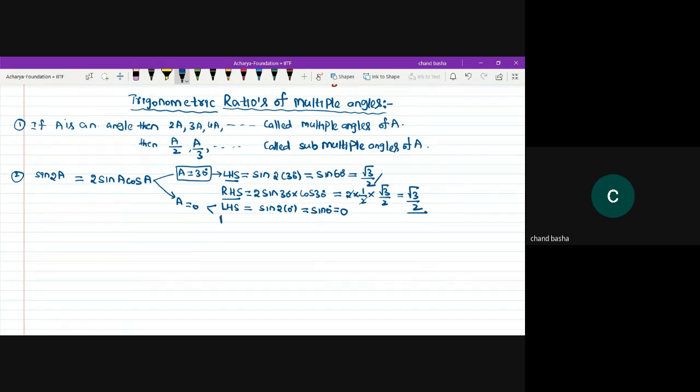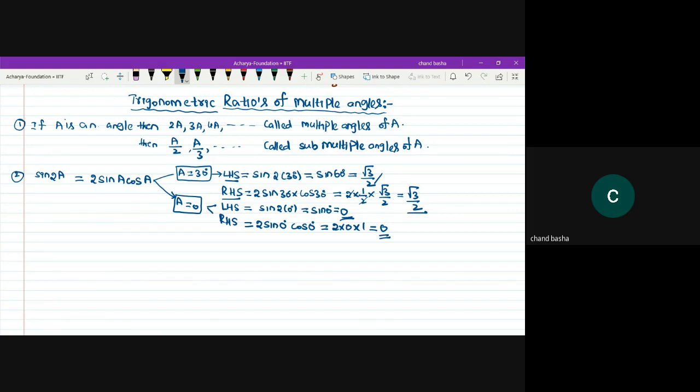Right hand side, RHS: 2 into sine A cos A, A means 0. So 2 into sine 0 value 0, cos 0 value 1. 0 into anything will be 0 only. So your answer is 0. LHS is equal to RHS. You can take any value, not only these two. If you want, you can take 45, 90, 60, and you can verify. You will get the same answer.